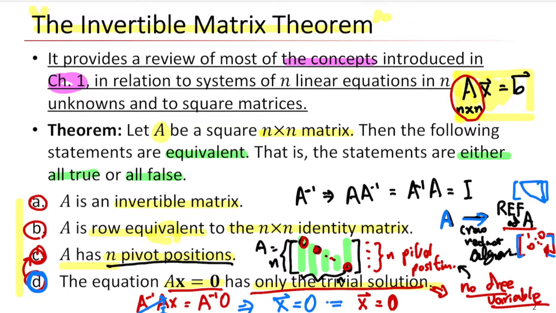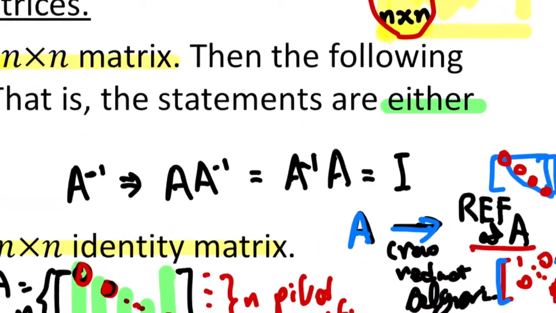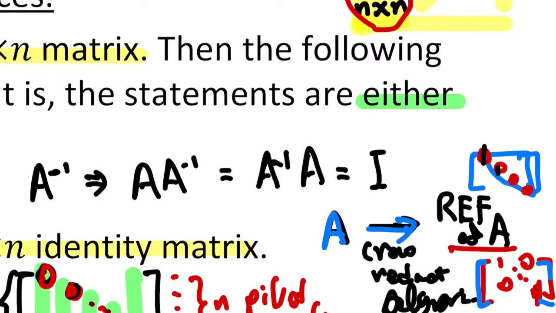But interestingly, because we already know there are n pivot positions, the n pivot positions should remain in the reduced echelon form. Then what is the value in the pivot position in the reduced echelon form? 1, right? And the remaining parts are 0. Then what is that?